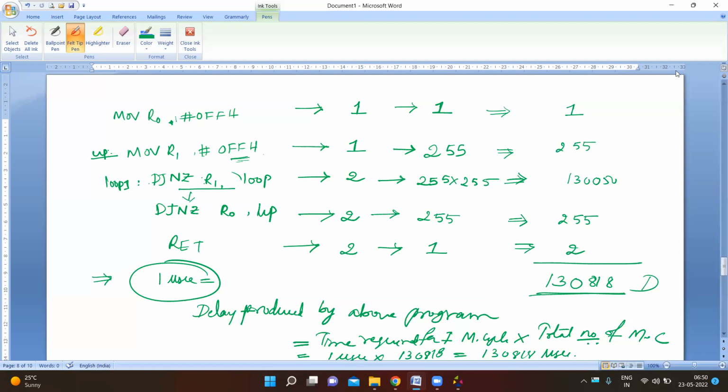In the next video, we will look at how to generate 1 millisecond: what value we need to load in the R0 and R1 registers or any other registers to deliver 1 millisecond. That can be calculated with the help of TMOD. The 8051 has TMOD registers.